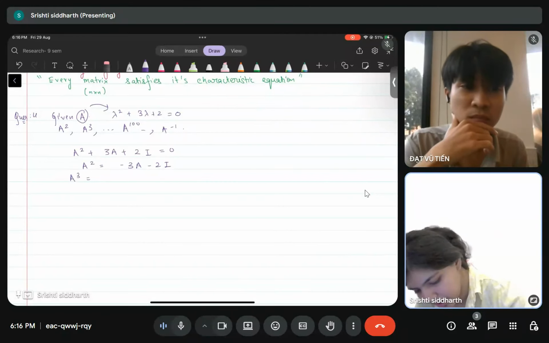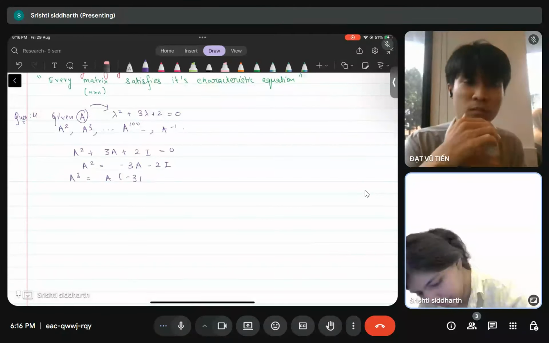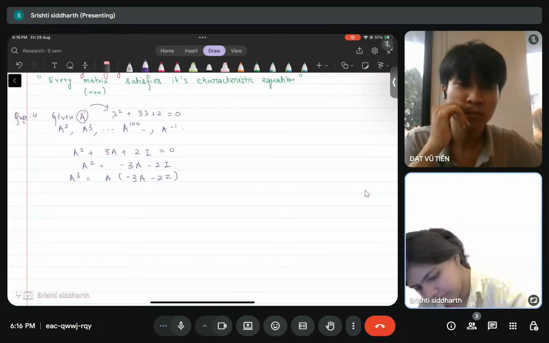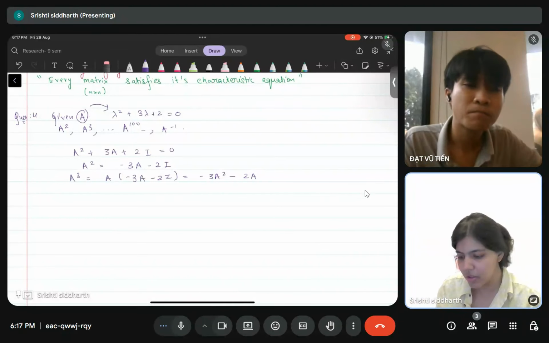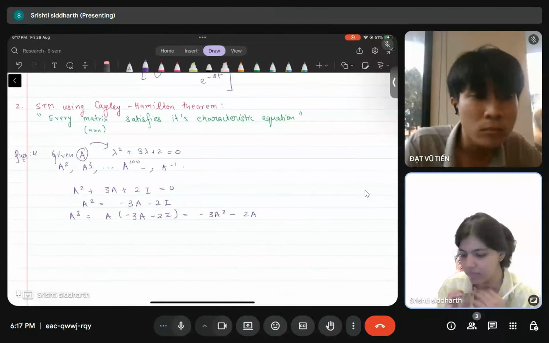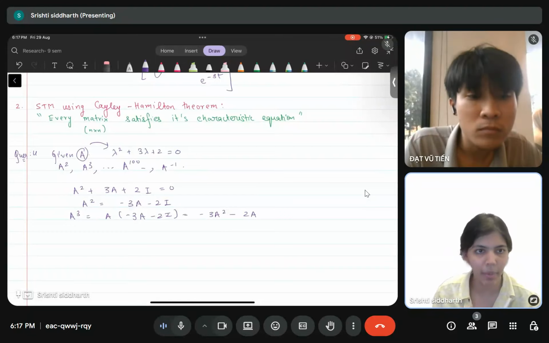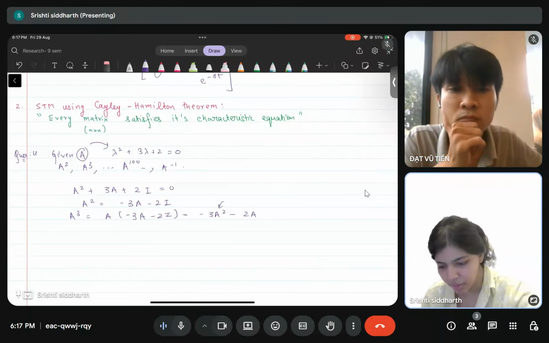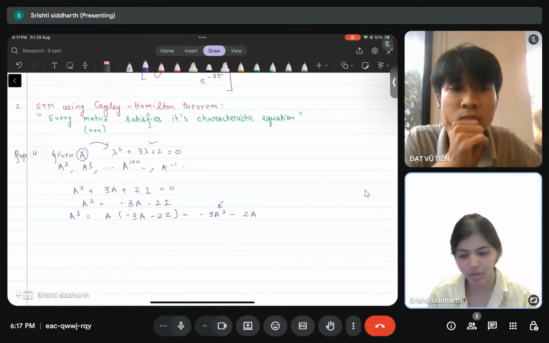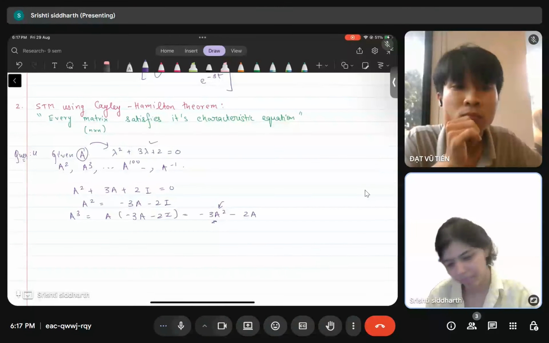So A cubed is this, which is minus 3A squared minus 2A. One of the main features of calculating using the Cayley-Hamilton theorem is that we reduce all the powers of A to the ones given in the characteristic equation. So we can still reduce this, right?